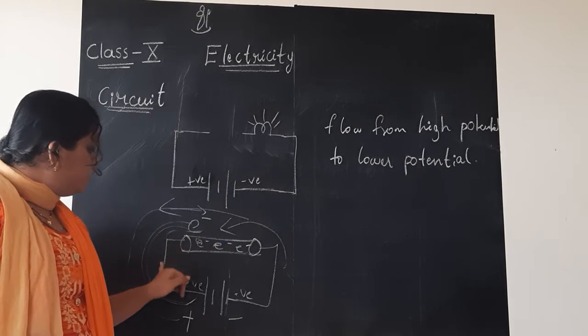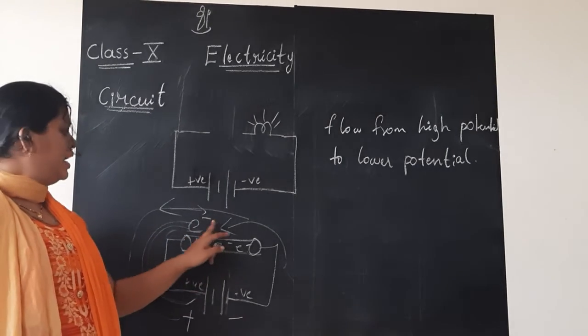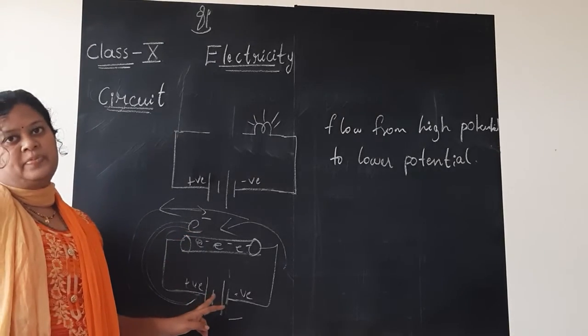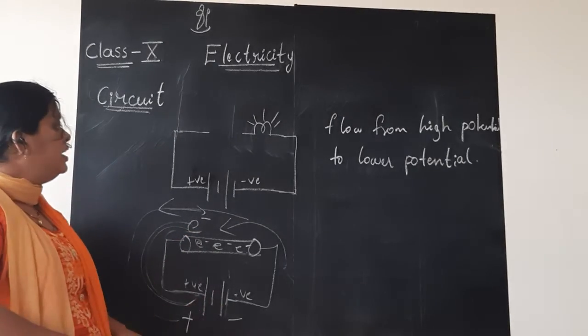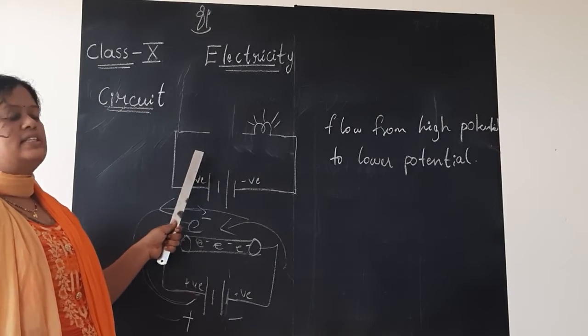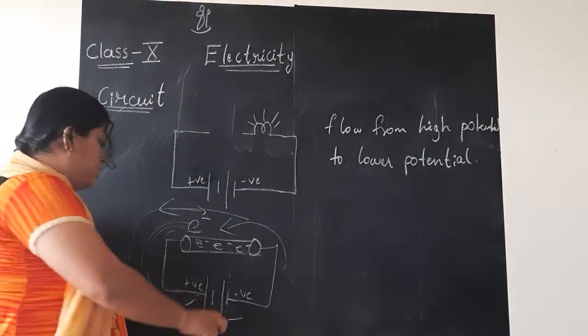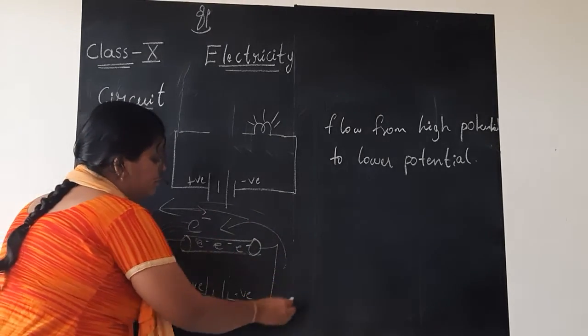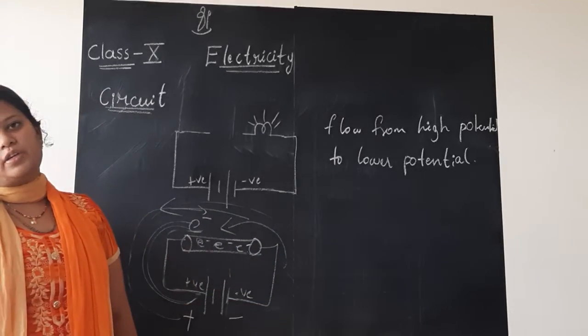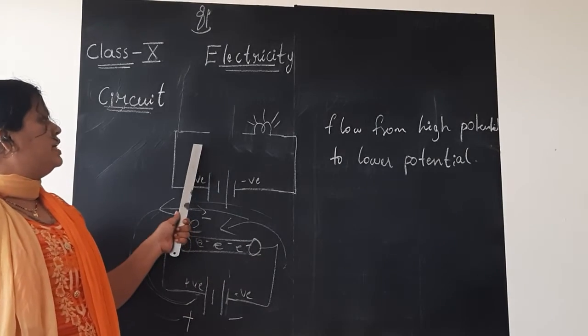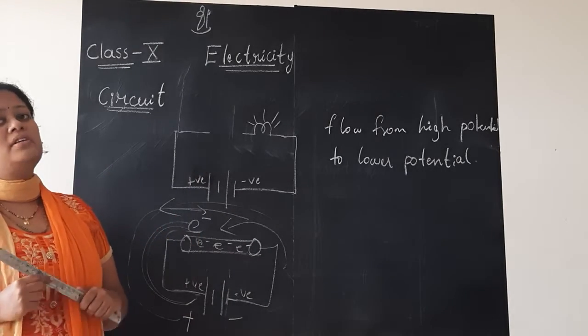Electrons are attracted towards the positive terminal of the battery and start moving towards it, which is conducting. But whenever we consider the circuit, the current flows from higher potential to lower potential, from the positive terminal of the battery to the negative terminal of the battery. This is the basic electric circuit which we need to study.